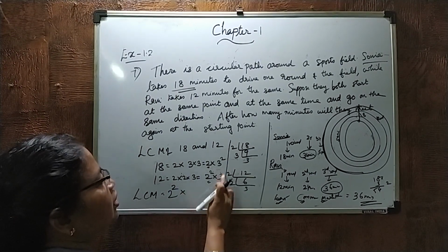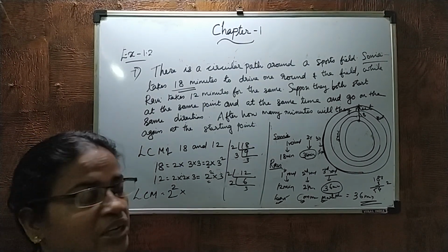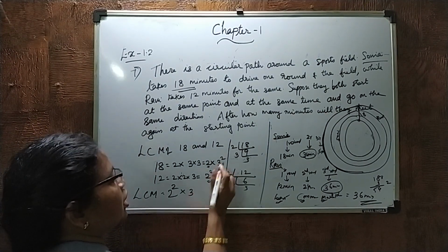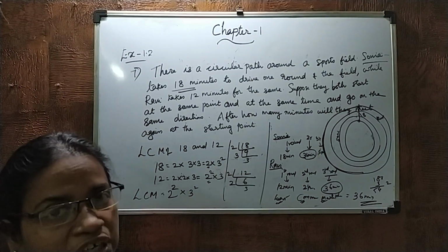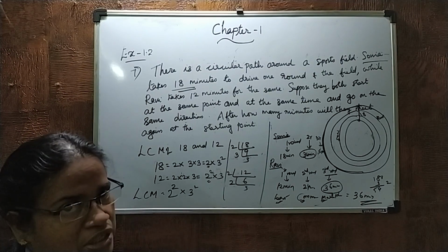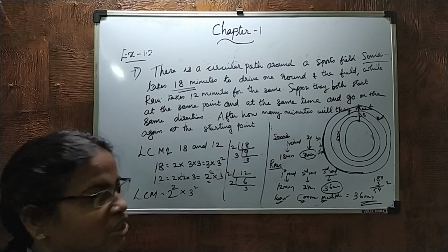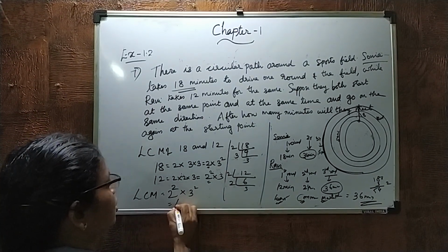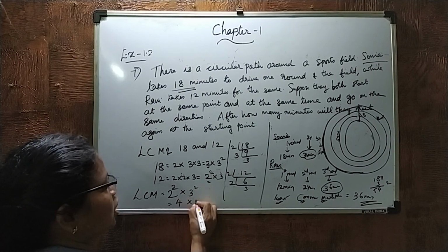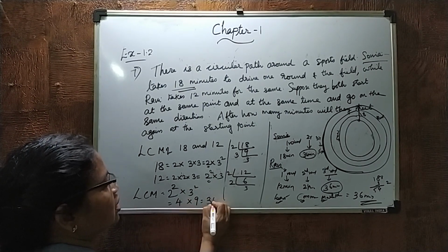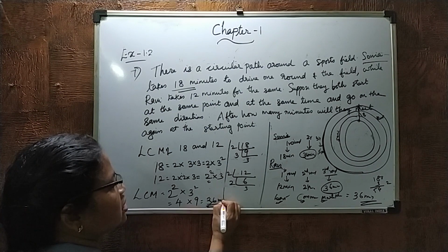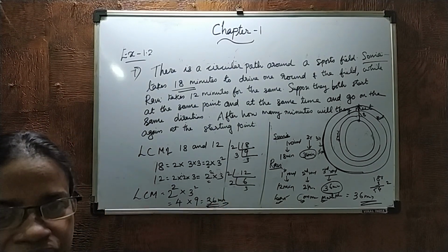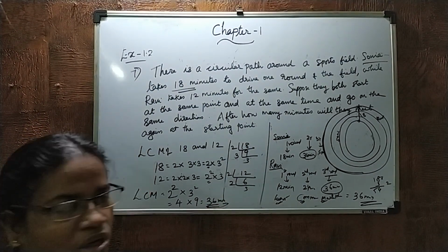Here 3 is there, and 3 square is there, so the highest exponent is 3 square. There are no other non-common numbers. So it will be 2 square, which is 4, into 3 square, which is 9. Yes, 36 minutes you will get. Same thing here also you got.